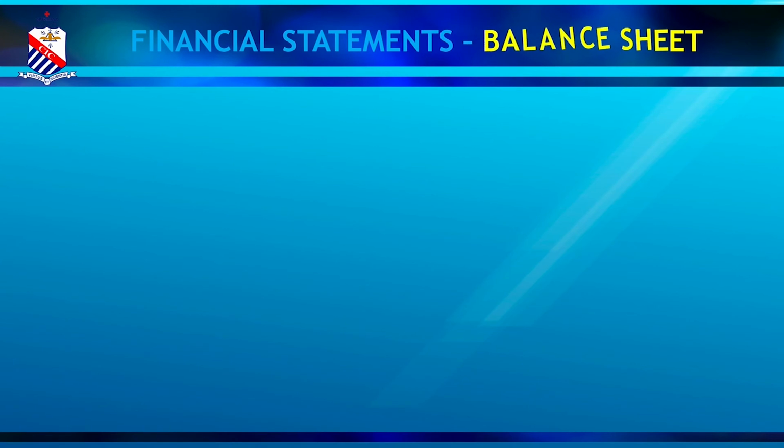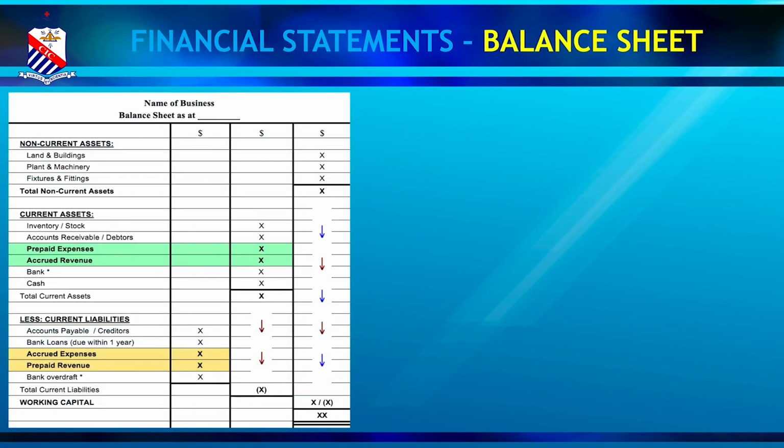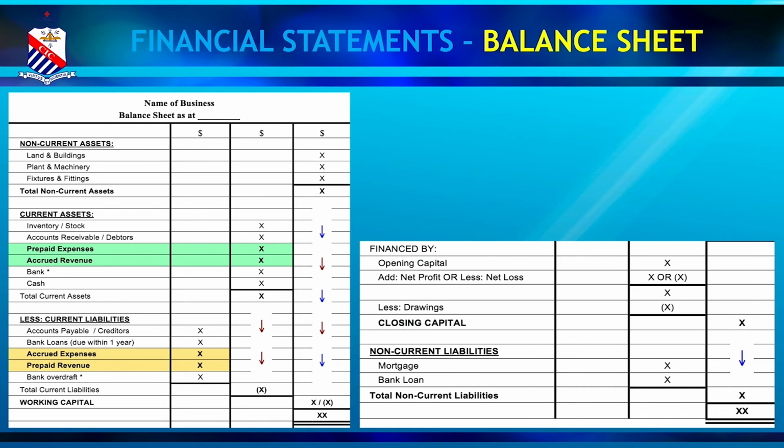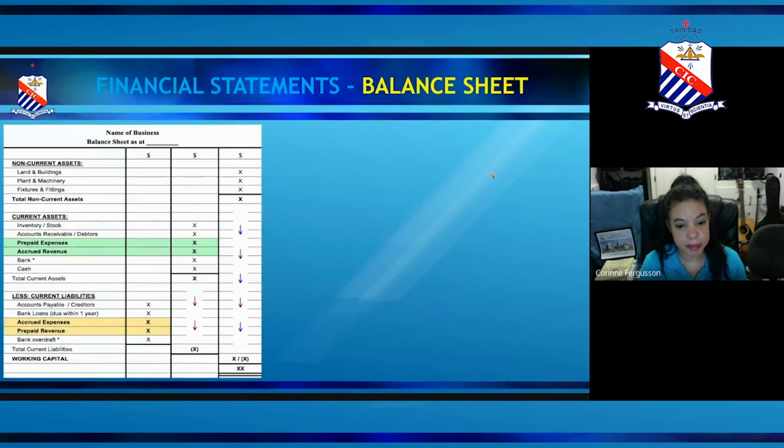Right? So that is for the income statement, and then you will have to move on to the balance sheet. If you remember your balance sheet, the first part is like this. You start with your non-current assets, then you have your current assets. Usually you would have had your inventory and accounts receivable, your bank and your cash.